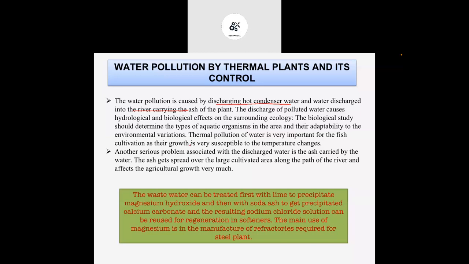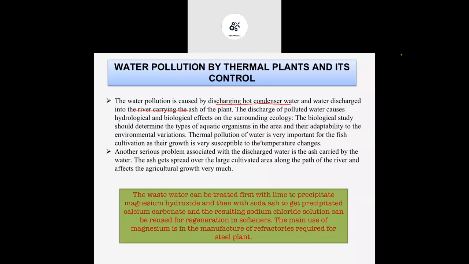Okay, the biological study should determine the types of aquatic organisms in the area and their adaptability to environmental variation, because when we change the temperature of water, it is going to affect this ecosystem. Whatever the different bacteria or different organisms present inside the water, whenever we change the temperature, there will be some effect on those organisms.